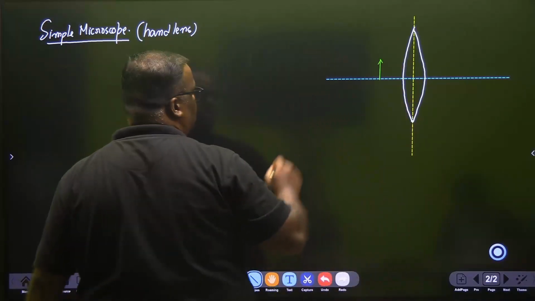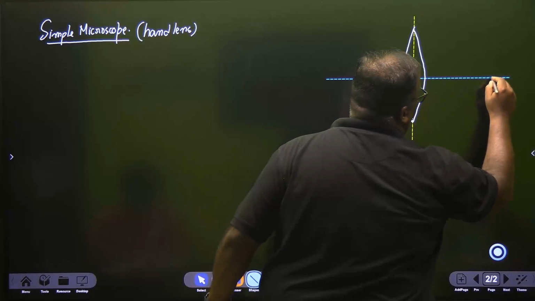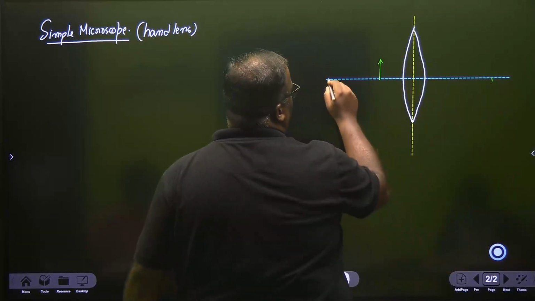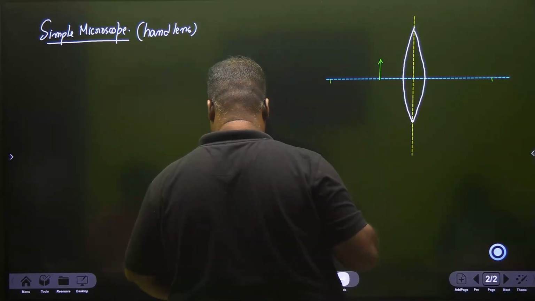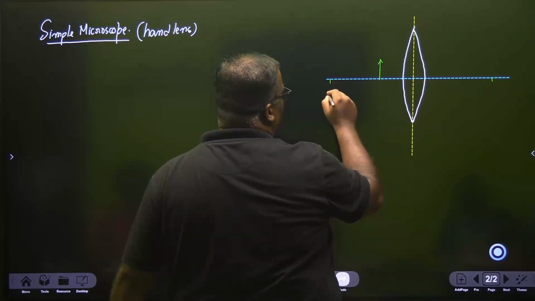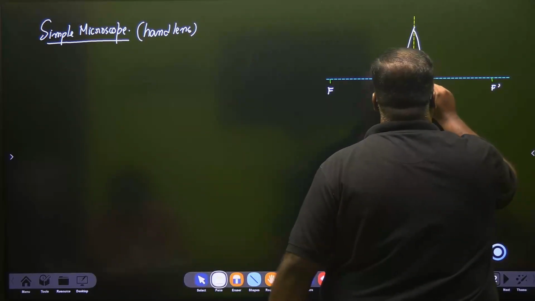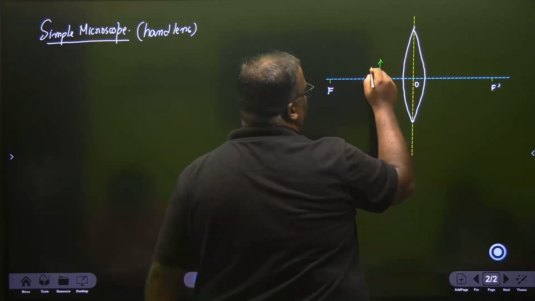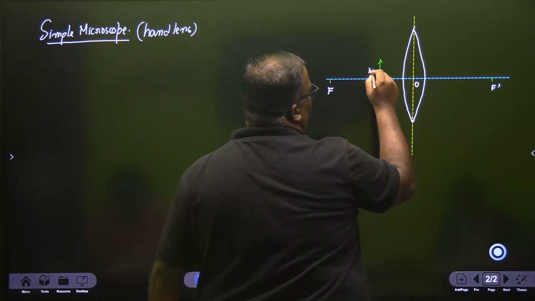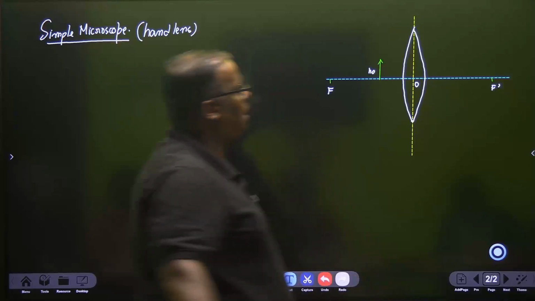Is this understood? Let's say this is our secondary focus and this is our primary focus. Let this be F and let this be F dash, and this is O. This is my object. HO is the height of the object.